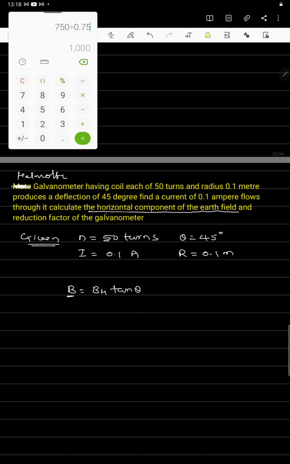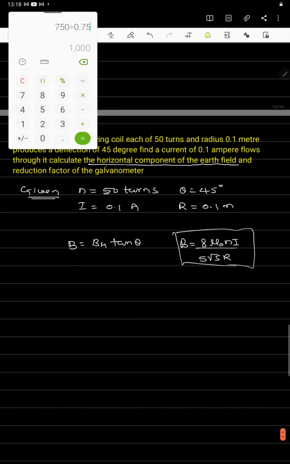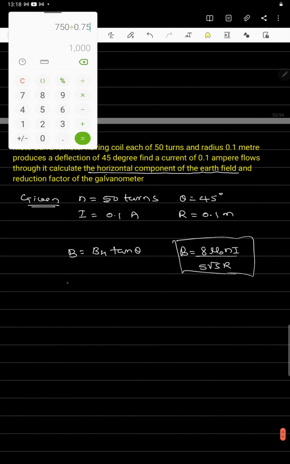We know that the B value is B equals 8 mu naught N I divided by 5 root of 5 into r. This is the expression of B.